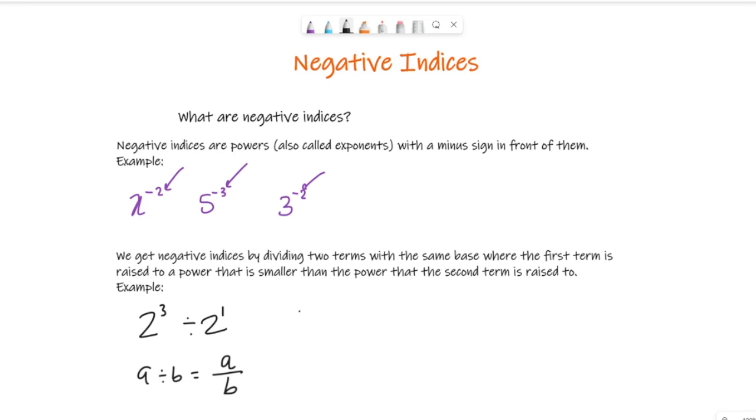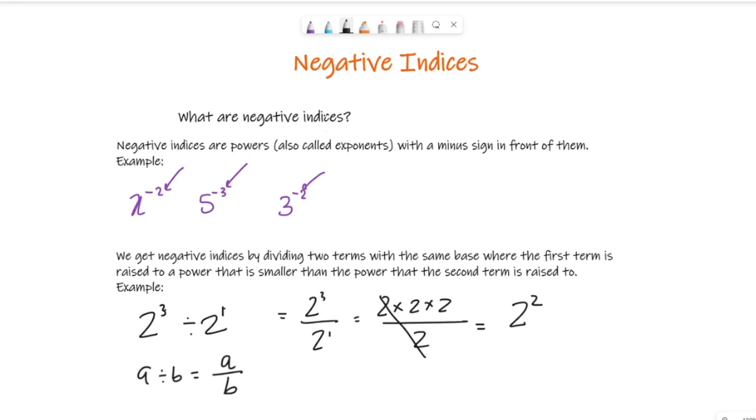We cancel the common factors. If you write 2 power 3 over 2 power 1, it will be 2 times 2 times 2 over 2, and we cancel the common factors, and what we're left with is 2 to the power of 2. So 3 minus 1 gives you 2.